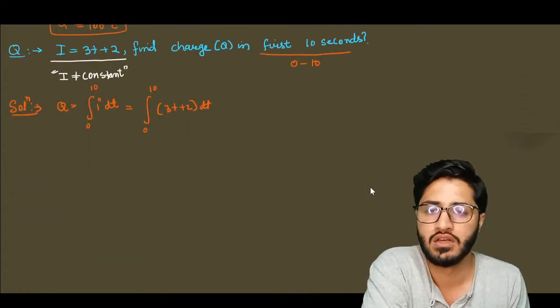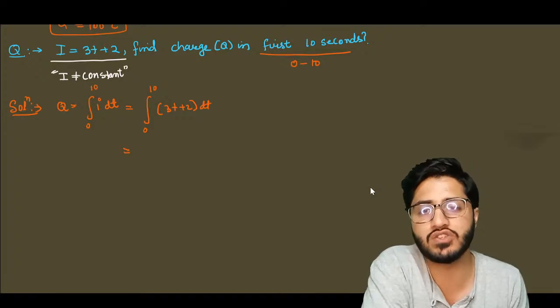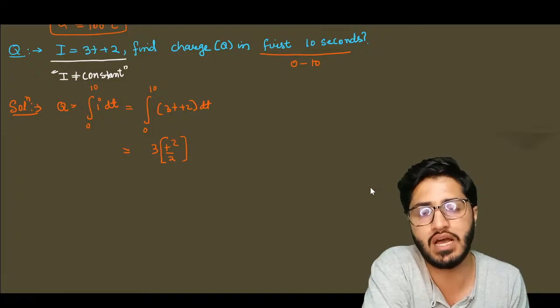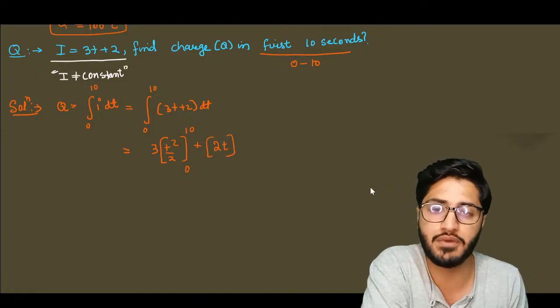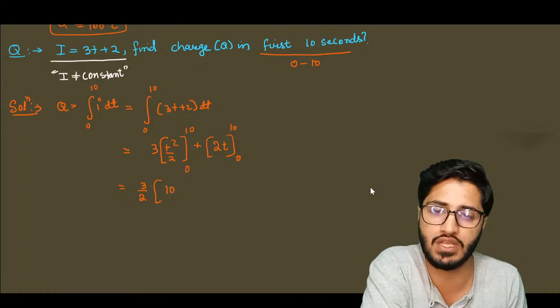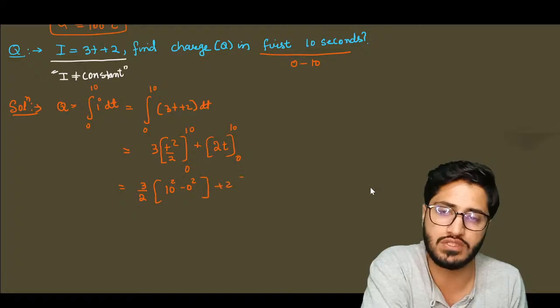Here I will show you how we can do the integration. 3 is constant, so I will take 3 as it is. Integration of t would be t square by 2, with upper limit 10 and lower limit 0, plus the integration of 2 will be 2t, with upper limit 10 and lower limit 0. Now I will take 3 by 2 outside, then we have 10 square minus 0 square, plus 2 outside, then 10 minus 0.